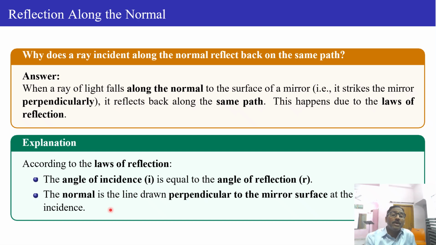The normal is the line drawn perpendicular to the mirror surface at the point of incidence.